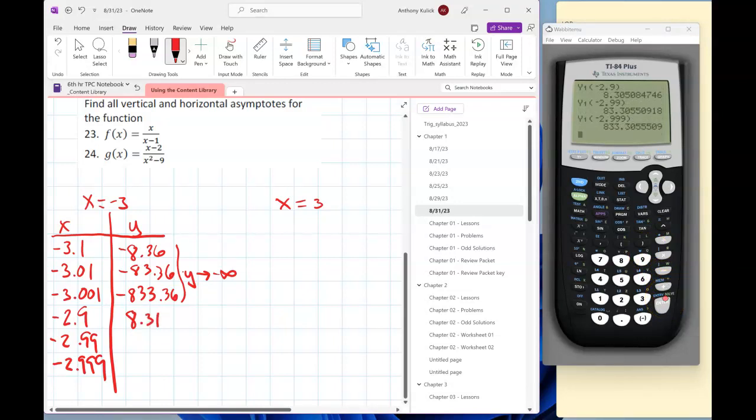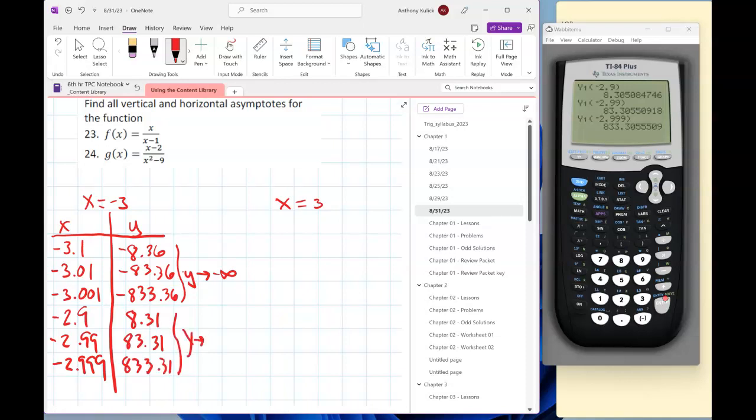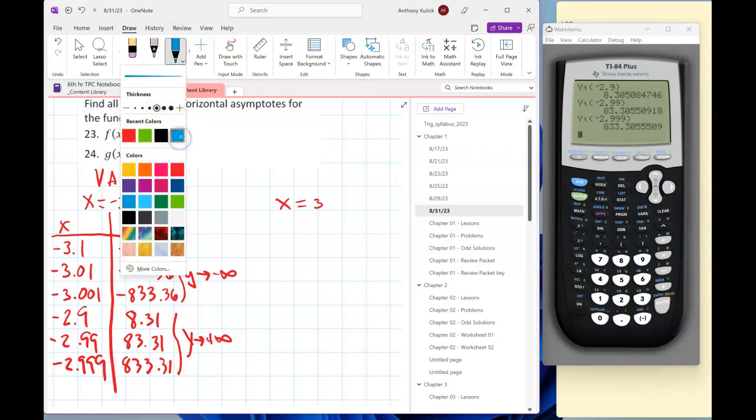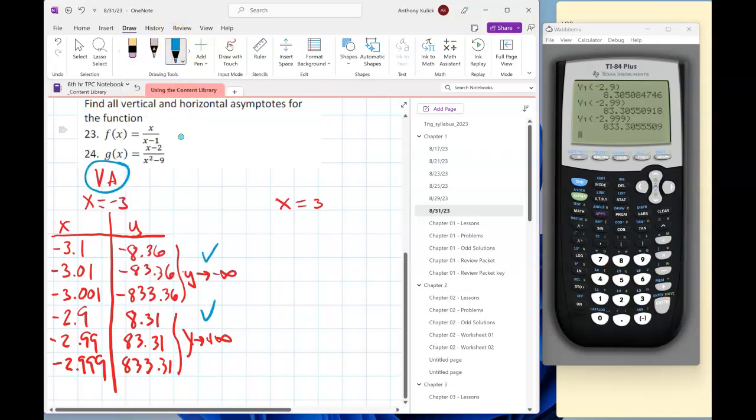So I have 831, 8331, and 83331. Again, all I notice here are values getting bigger and bigger without bound. The fact that I have infinities at both spots tells me that what I'm looking at is a vertical asymptote.